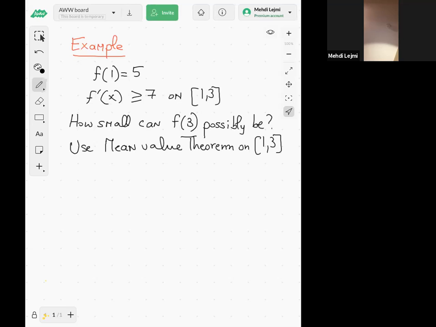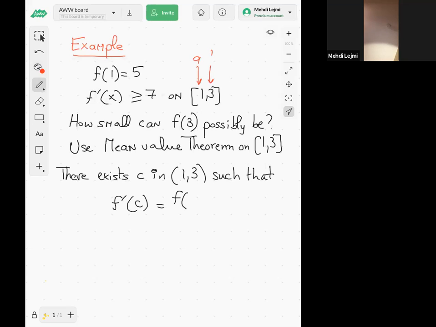It says that there exists a C in this interval 1, 3, such that f prime of C is equal to f of, so A would be 1, and B would be 3, that's my interval. So then f of B minus f of A over B minus A. Okay, that's my f prime of C.